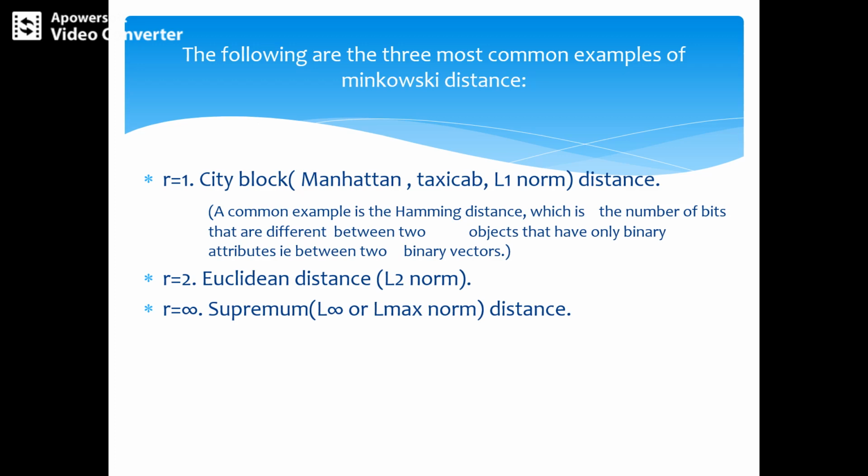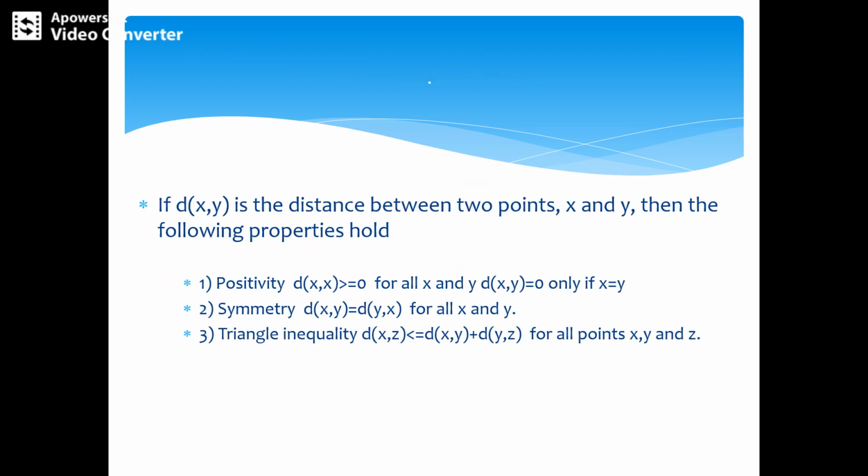More formally, L infinity is defined as the limit as r tends to infinity of the sum for k equal to 1 to n of |xk minus yk| to the power r, and whole to the power 1 by r.